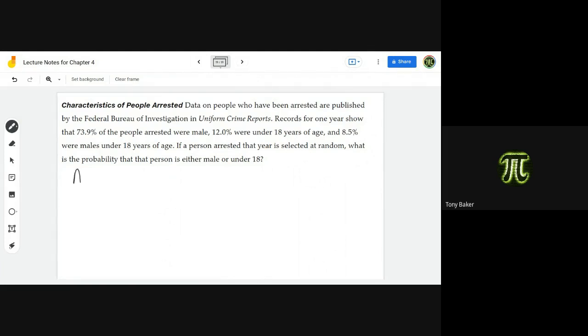So, what's the first event? What is the 73.9% though? They're male. So my first event is males. Now, the probability of that is the 73.9%.